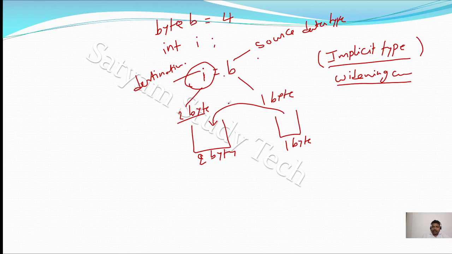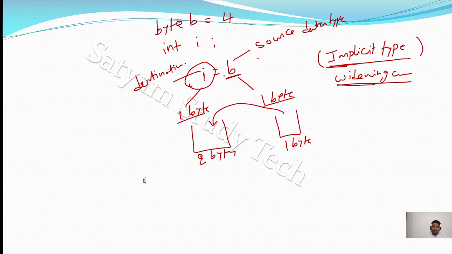Here it is 2 bytes, it is 1 byte. So the destination variable is larger than the source data type. This type of conversion is called implicit type conversion, and also called widening conversion.